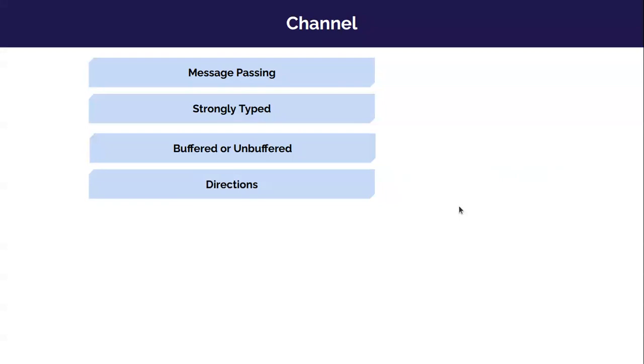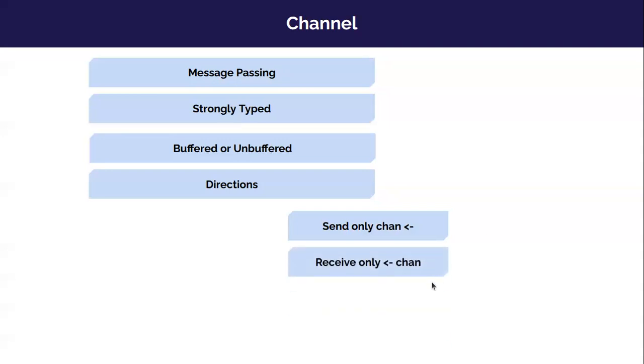Like goroutines, channels have directions, three types of directions. One is send only, which is specified like this. It can only send some data. Another channel is receive only. It is specified like this.